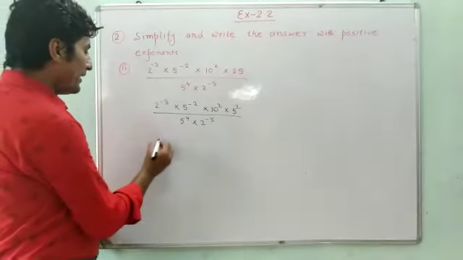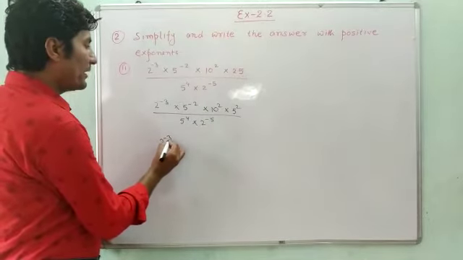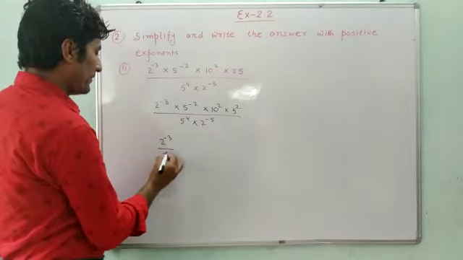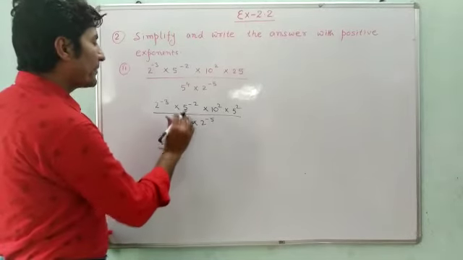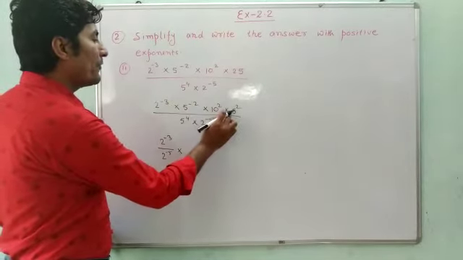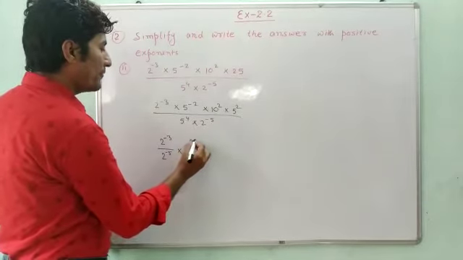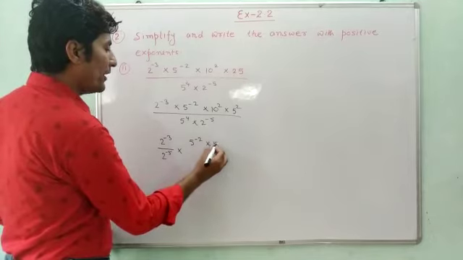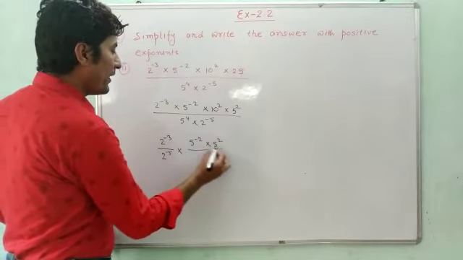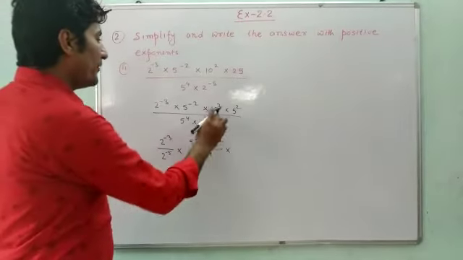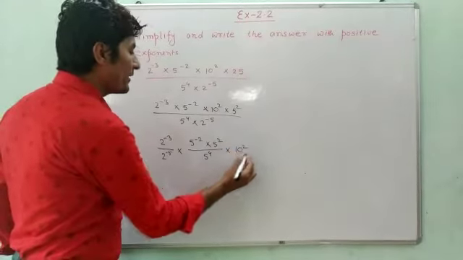After that we can write here 2 to the power -3 and this 2 to the power -5 like this. Then multiplied by 5 to the power -2, 5 to the power 2 and 5 to the power 4 together we can write here 5 to the power -2 into 5 to the power 2 divided by 5 to the power 4 multiplied by, now here we can write the square of 10.